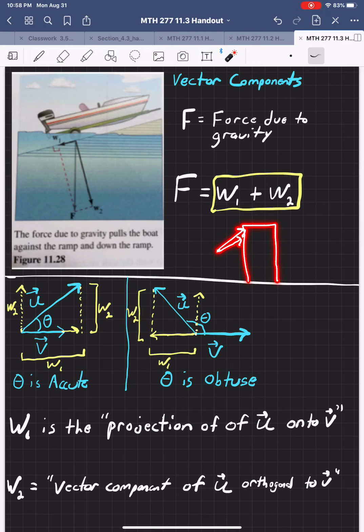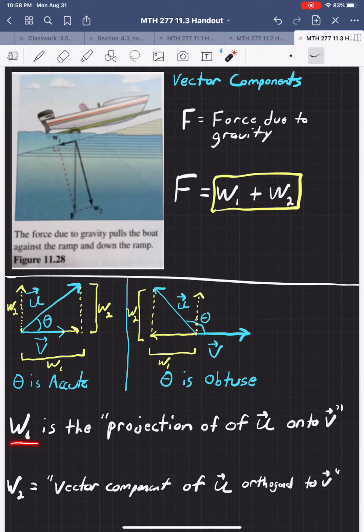Does it make sense that the angle at which you place your hands is going to affect how much of the work is being done by you? So in other words, if you could put all of your force directly horizontal versus if you were reaching way up here. So maybe try to keep that in mind as we work through this so you can understand the goal of what's happening here.